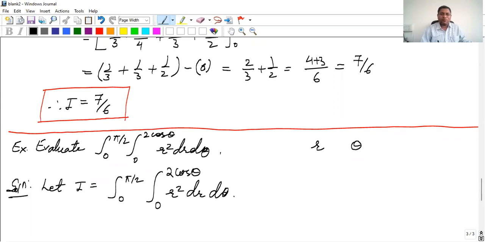No. So which variable will be integrated first? R. Yes, that's true. Here theta is in the limits, so that means r will be integrated first, and this is going to be the order of integration.